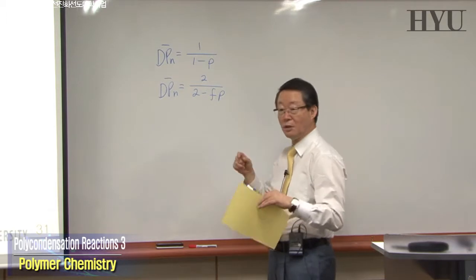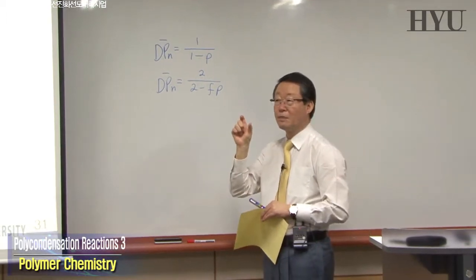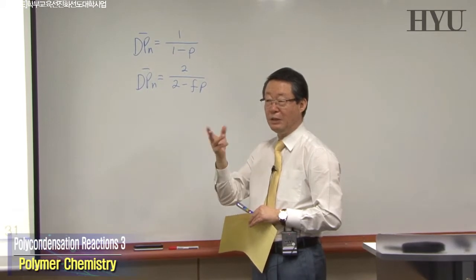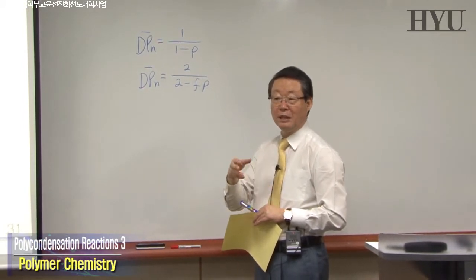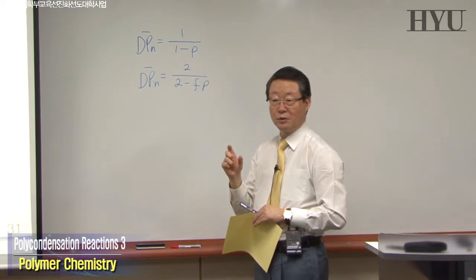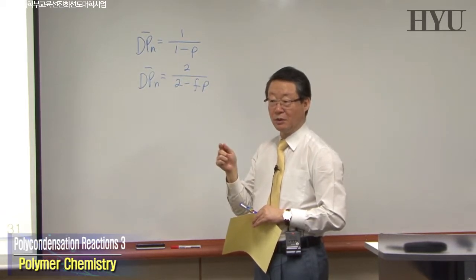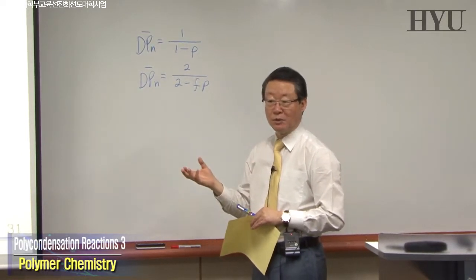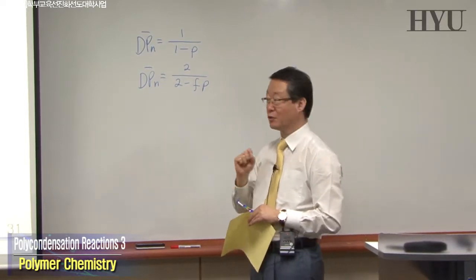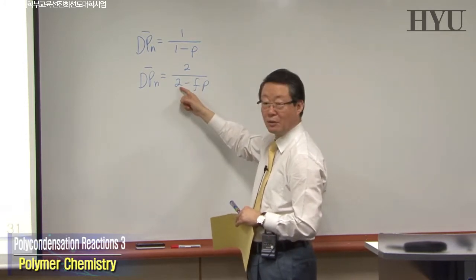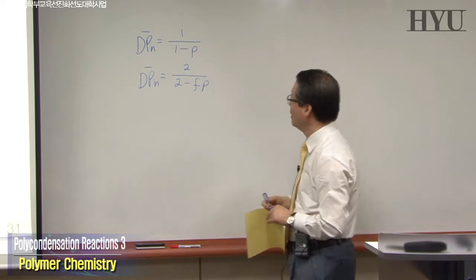If you have an AB type of monomer or AA or BB type monomer, then the reaction only occurs with A and B reaction. AA or BB will not be reacting to become a polymer. So you have to have only 2 functional groups reacting to become a polymer. So this is the convention.